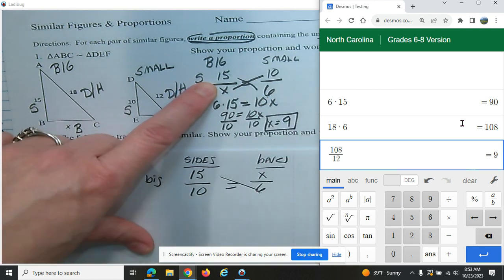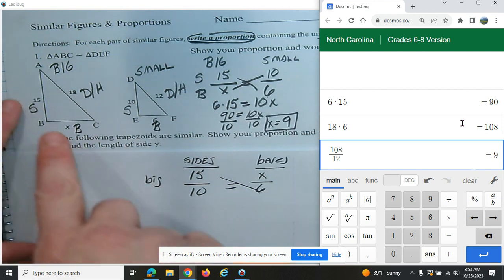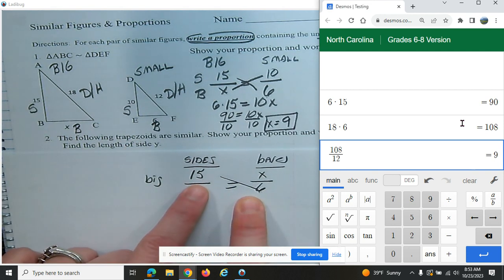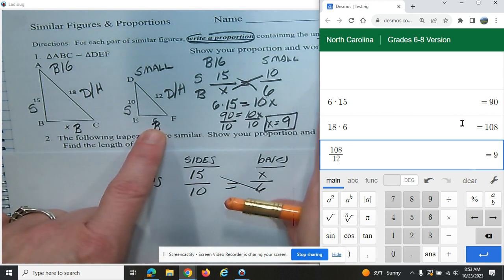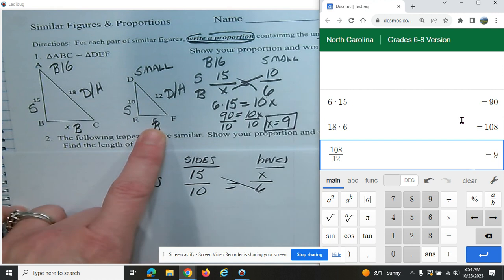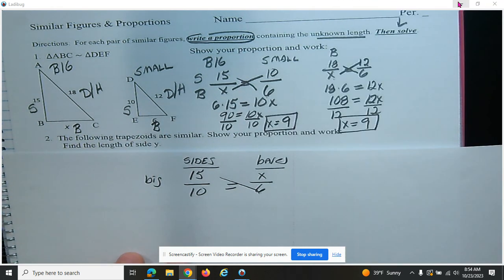No matter how you set up your proportion, if you use the side and the base, 15 had to be multiplied by 6. No matter how you set up the proportion with the diagonal and the base, the 18 and 6 would be multiplied. So yes, there are multiple ways to set up the proportion, but you still should get the same answer.